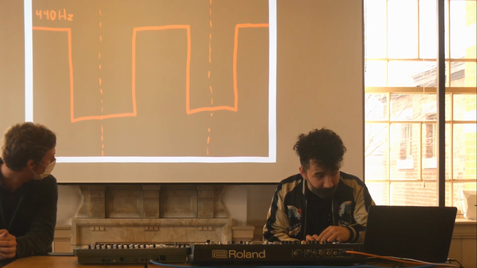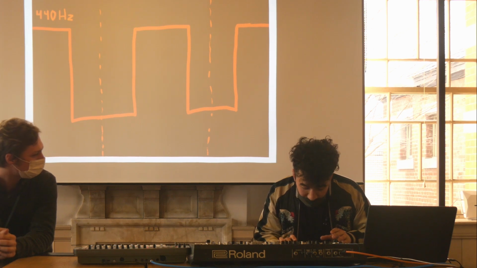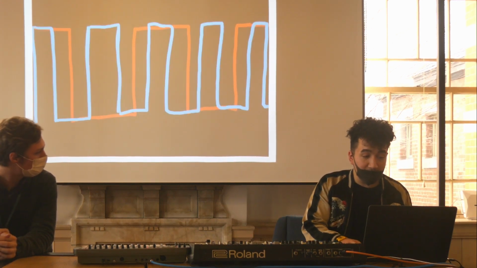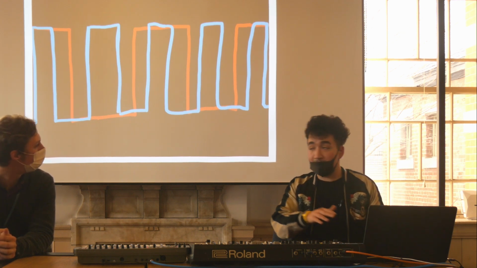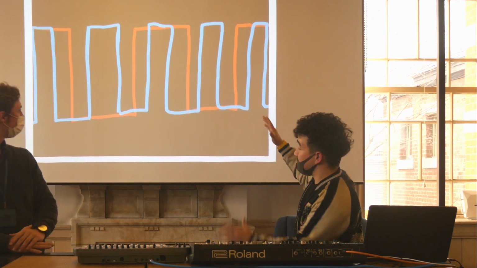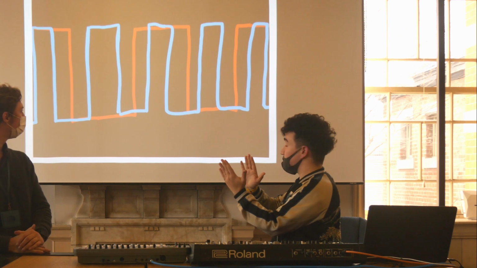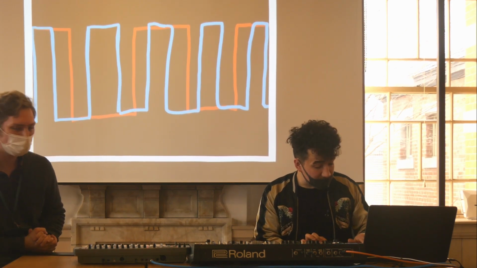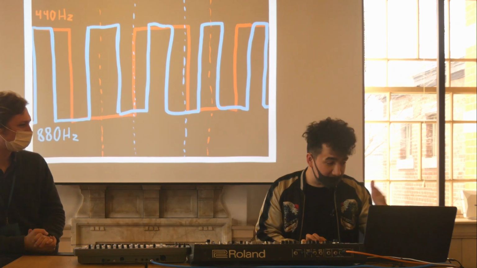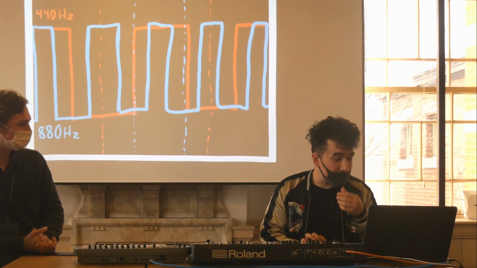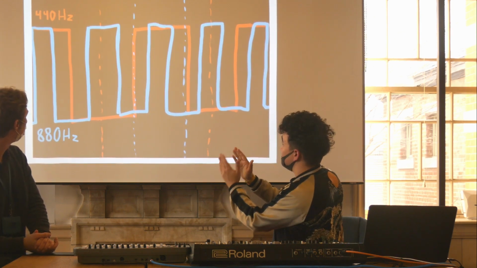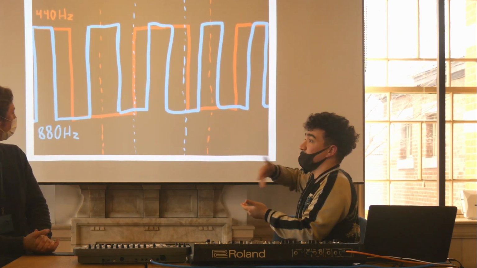We have 440 as a square wave, or pulse wave. However, if you take a second wave and put it over with the waves more close together, that will create a higher pitch. So for example, this is roughly what an 880 hertz wave would look like. It's about half the width, and so it will be double the pitch.